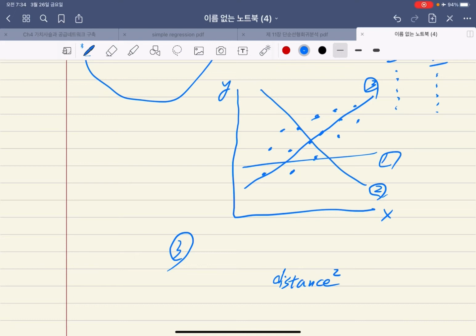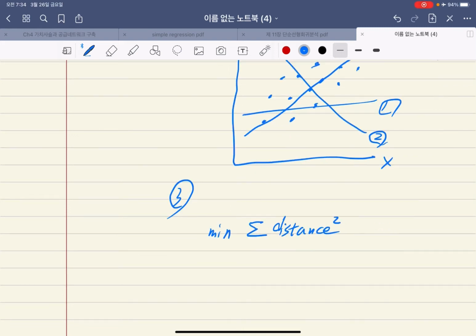So by squaring these things, you make these distances positive, right? And then you add these things, right? And it turns out that line 3 minimize the sum of distance squares, right?